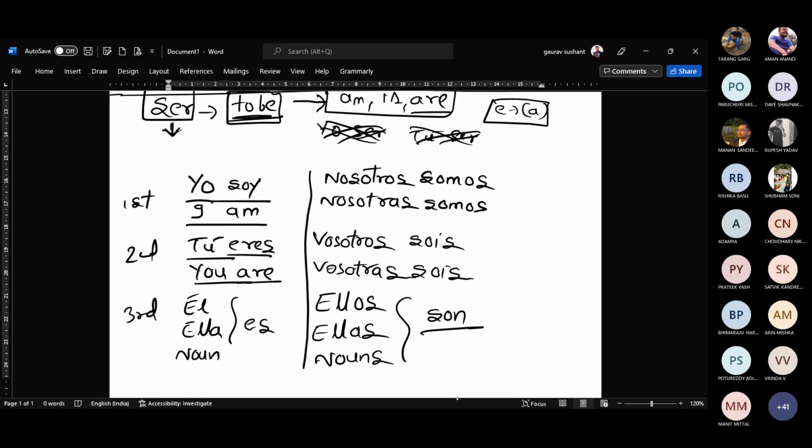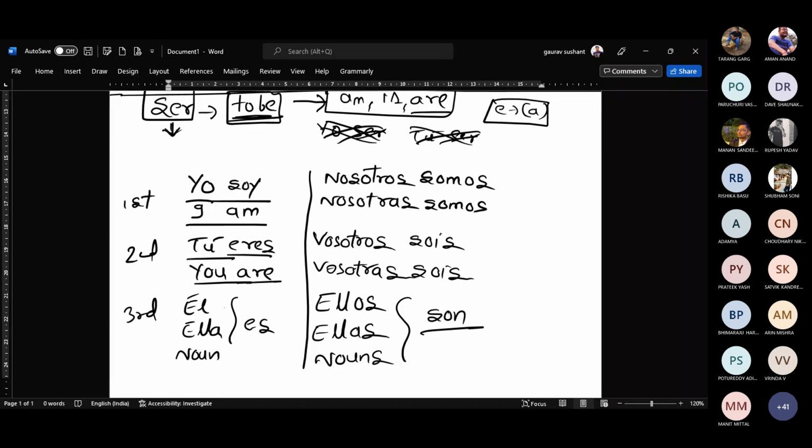In total, how many forms are there for the verb? 1, 2, 3, 4, 5, and 6. Six forms are there for the verb ser, and you have to keep that in mind always. Any verb which we choose in Spanish, if we are using it in present tense, will always have six forms with the six different subjects. That's not very tough.